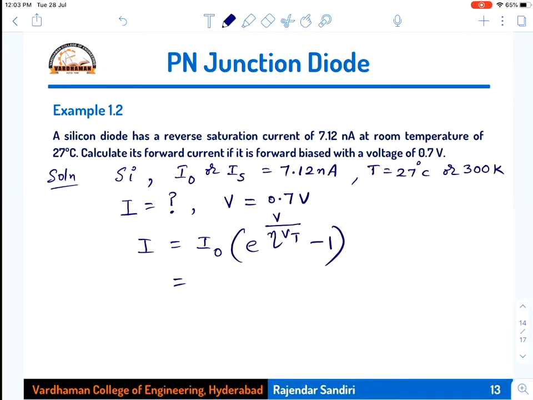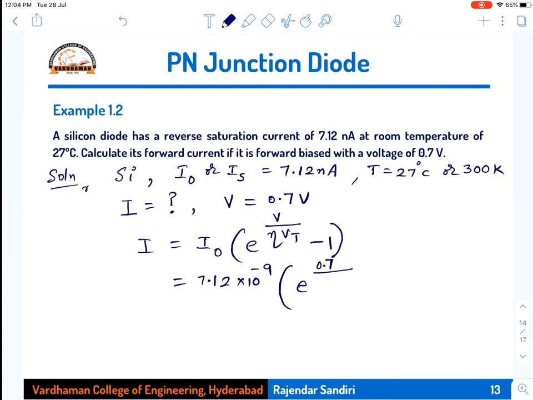Now I naught is given as 7.12 nano. Nano is nothing but how much? 7.12 into 10 to the power of minus 9, into e power of V. V is 0.7, forward bias, therefore positive 0.7, by eta.